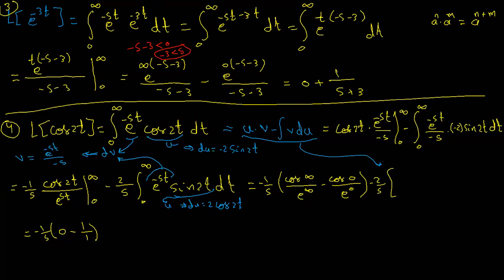So u times v, it is sine 2t times v, e to the negative st divided by negative s, from 0 to infinity, minus the integral from 0 to infinity of your v, which is the exponential e to the negative st divided by negative s, times your du. My du is 2 cosine 2t.